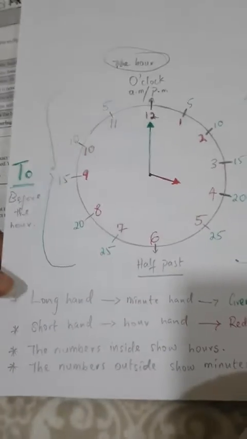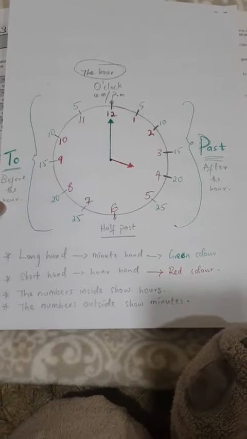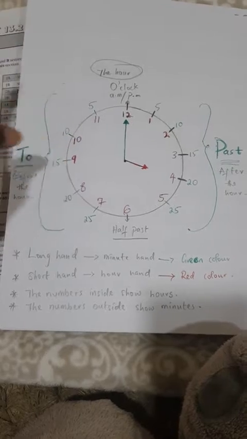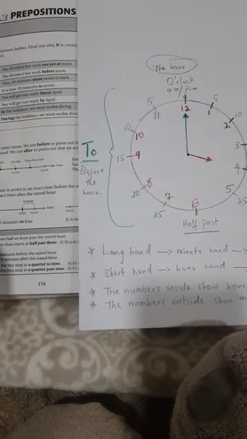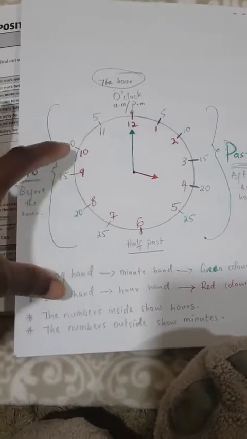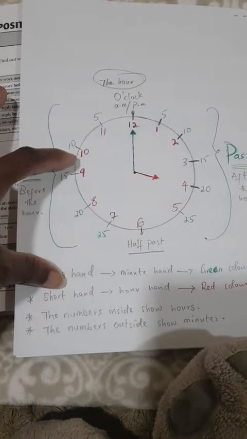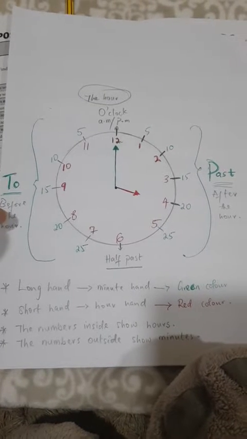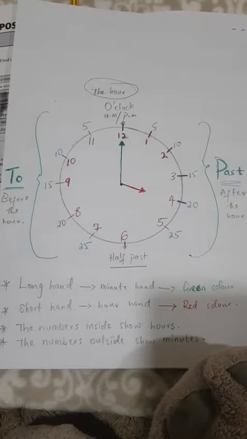I tried my best to make it as simplified and self-explanatory as possible. I'm going to just give a brief explanation, okay? Even though it's related to what we're doing here, with my explanation I've already done justice to this, but just to take it a step further, I'll make this as brief as possible. If after this you have any questions on how to tell the time, feel free to ask me and I'll patiently answer your questions, okay? Even though it's not related to this topic, provided it has to do with telling the time.